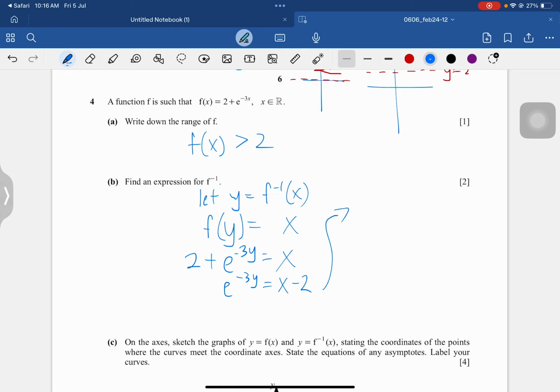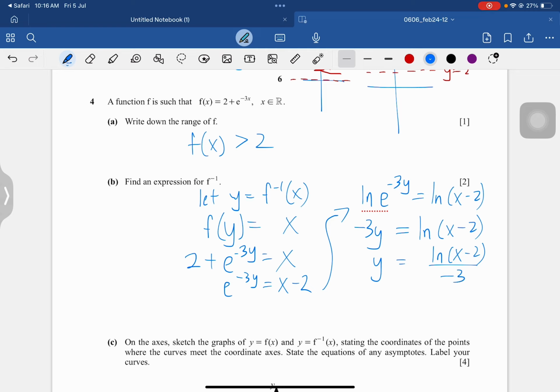Now, ln both sides. Throw the power in front, and ln e will be 1. And your y is going to be ln of x minus 2 over minus 3. And your y itself is f inverse. That will be your answer.